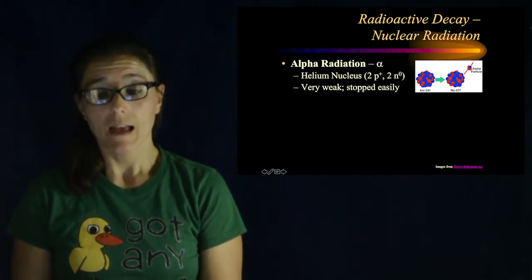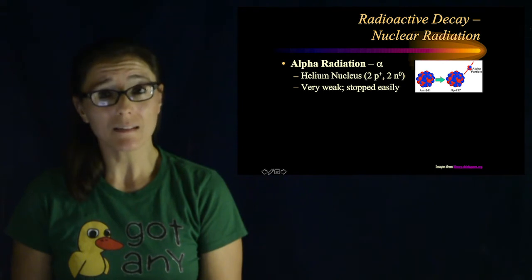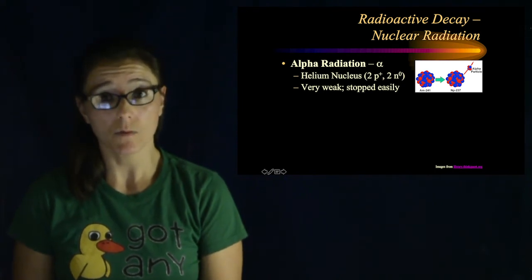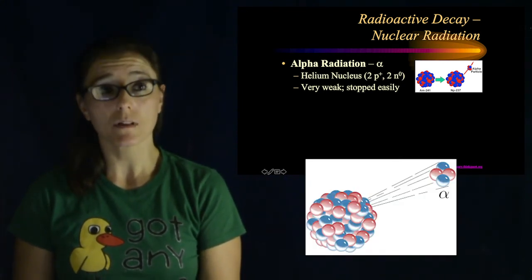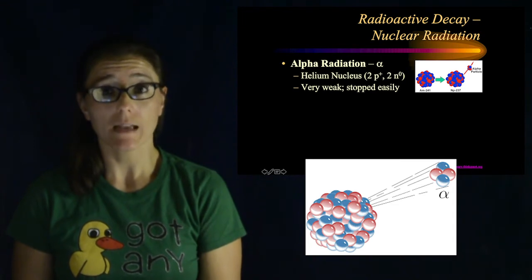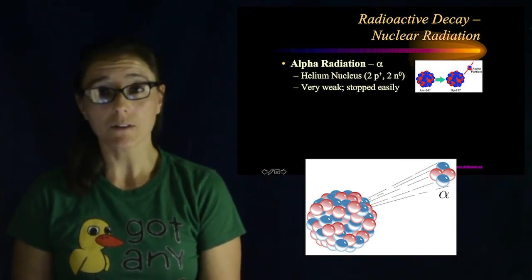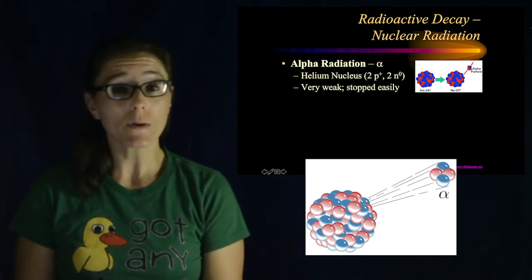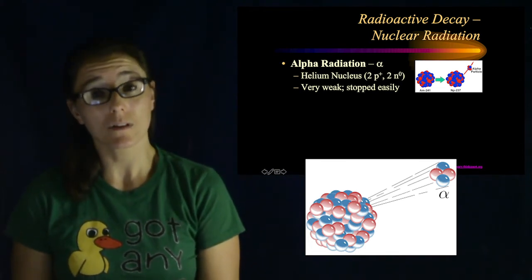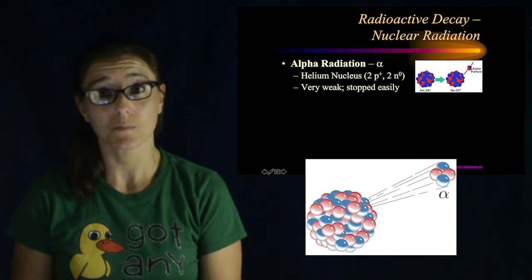The first type is known as alpha radiation. Alpha radiation is basically a high-energy helium nucleus that is emitted from the nucleus of another atom. Okay, so it's not your regular helium nucleus. It doesn't have any electrons attached to it, though it will quickly neutralize because it will attract 2 electrons to it pretty easily.